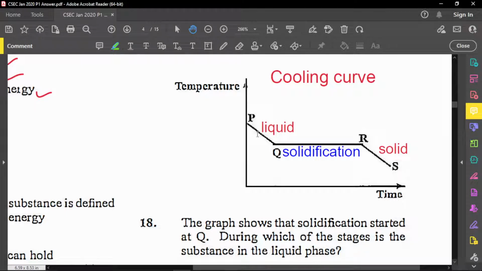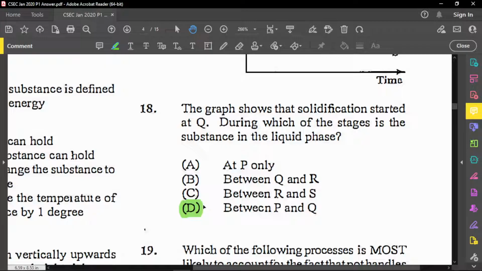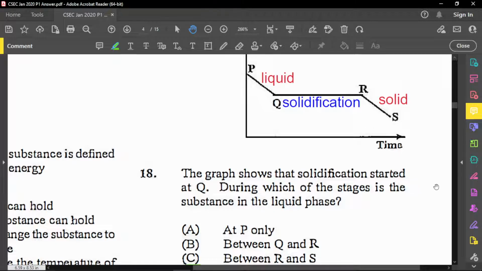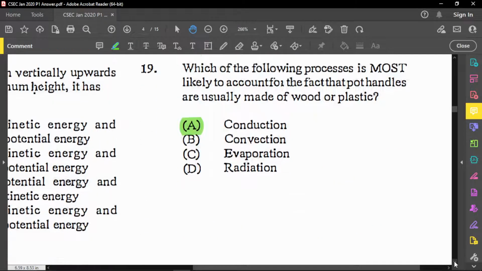When a liquid cools, it will turn into a solid, and once solidification is finished, it is a solid. So from R to S will be a solid. That's a giveaway right there. Between P and Q is when it is a liquid. P and Q, definitely liquid. They give us a free question right there, but it's nice though.